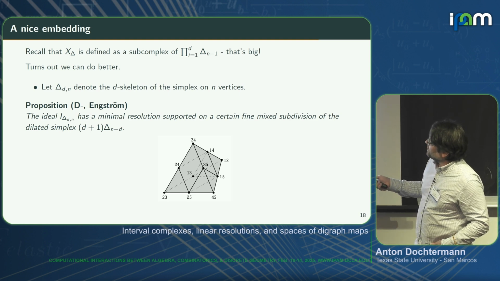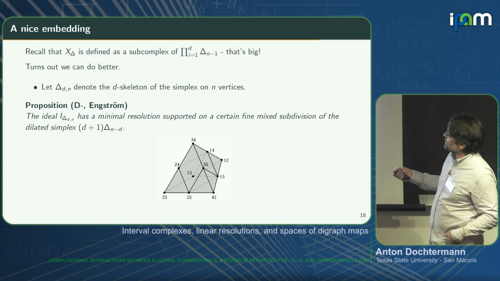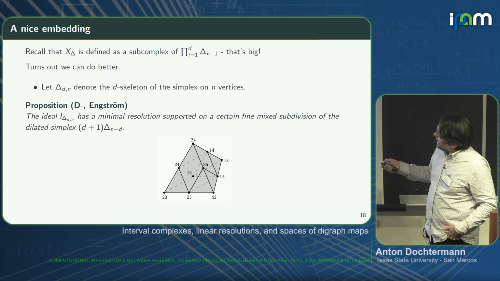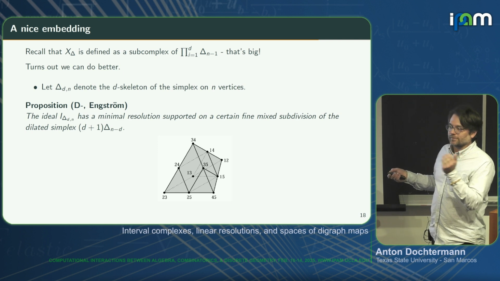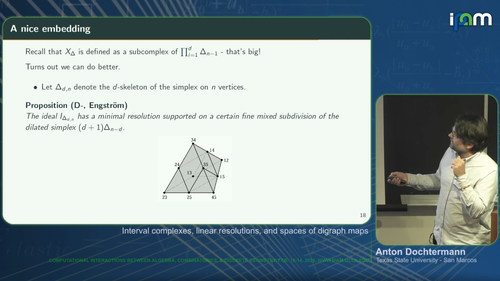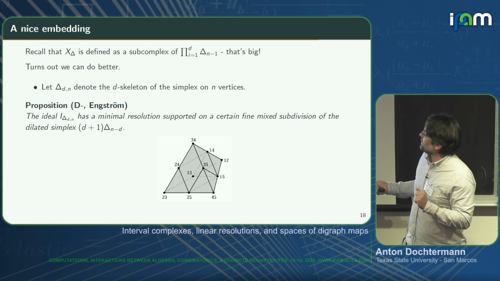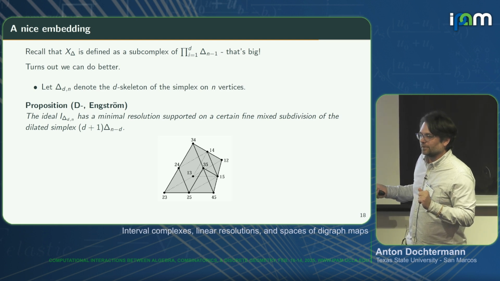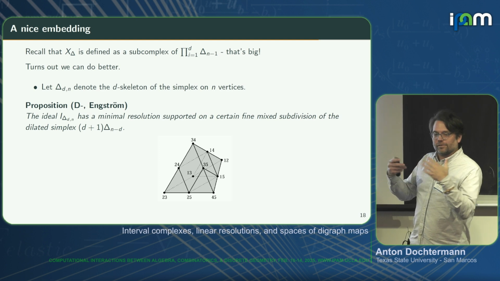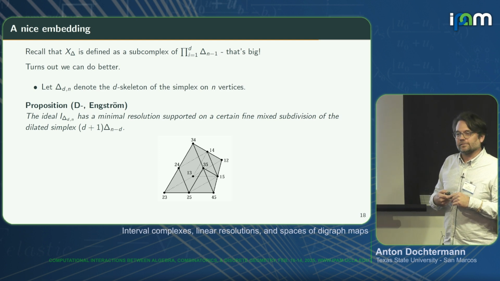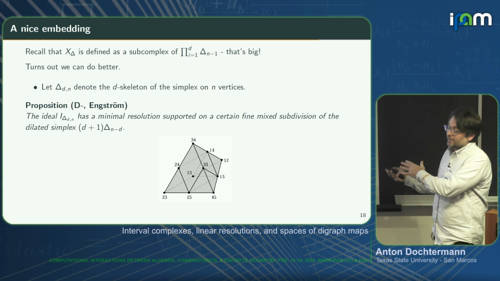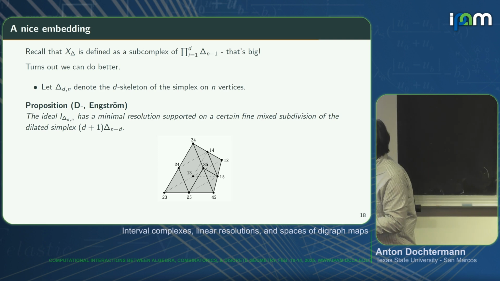And it turns out that you can check that this guy has a minimal resolution supported on a fine mixed subdivision of a dilated simplex. So this is what Federico was talking about. This dilated simplex is really a Minkowski sum of a bunch of simplices. I don't know if you talked about mixed subdivisions so much, but there's a way to think about subdivisions of these that are related to triangulations of related objects.